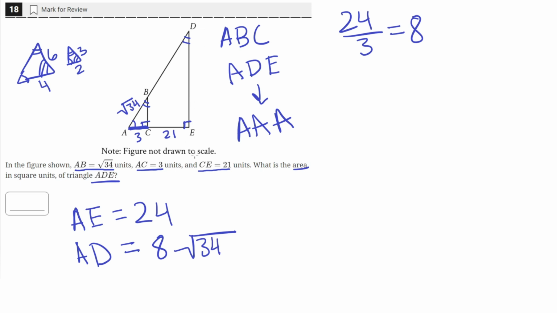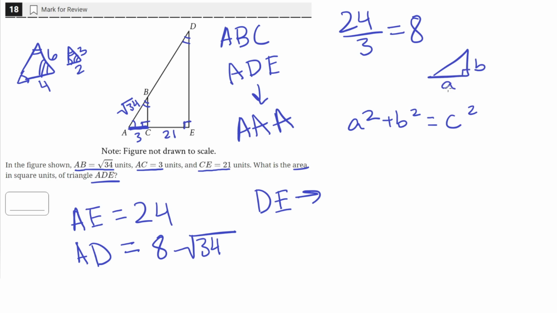Okay, now we need to find the length of DE. And we can do that using the Pythagorean theorem. So the Pythagorean theorem says that a squared plus b squared equals c squared. That's for a right triangle where the legs are a and b and c is the hypotenuse.